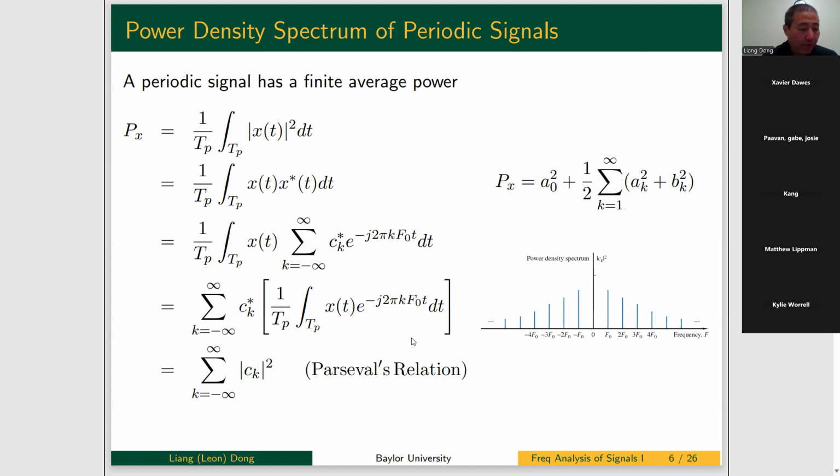Let's look at a few definitions of the signal, how to deal with that. One definition is called the power density spectrum. I'm looking at my signal, and I want to find out the distribution of the signal across different frequencies.